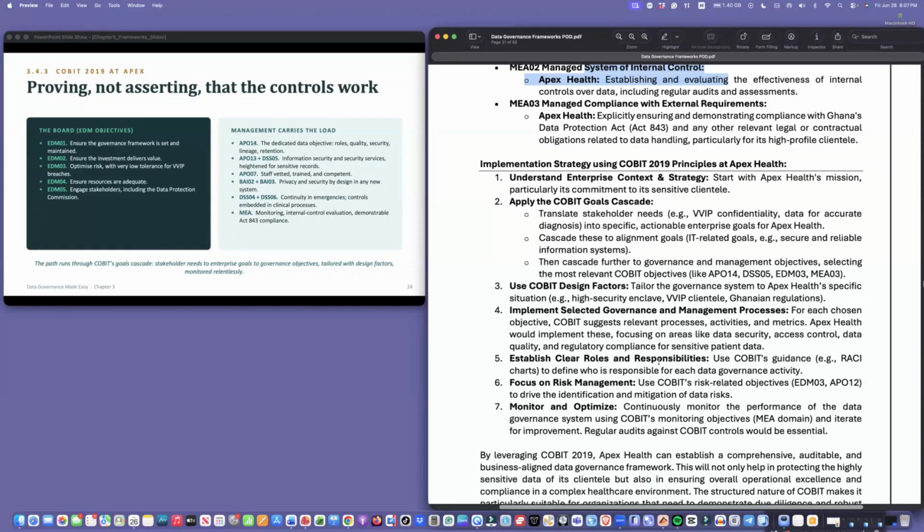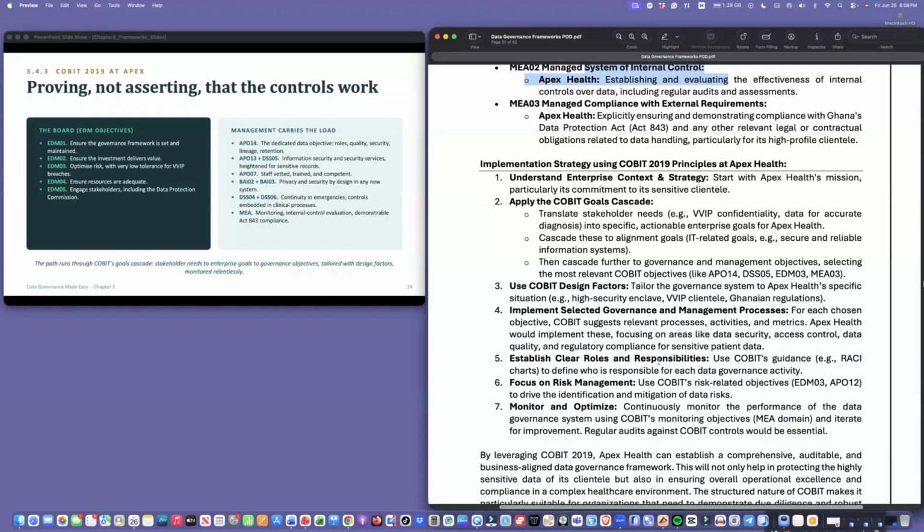It will apply to APO14, which is for a dedicated data objective, looking at the roles, quality, security, lineage, and retention. It will apply to DSS05. It will apply to EDM03. EDM03 is for managing risk, risk management relating to an executive level, relating to our resources, relating to people, and relating to our activities.